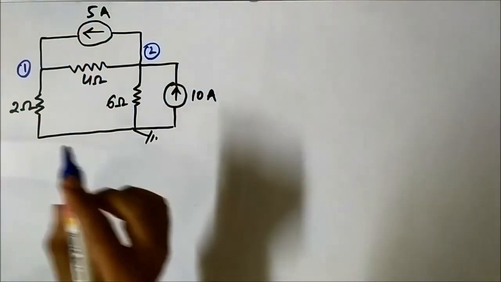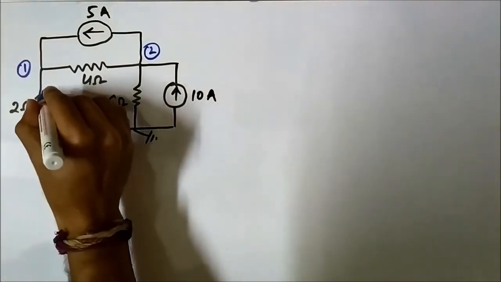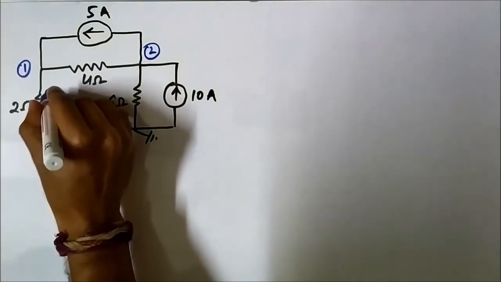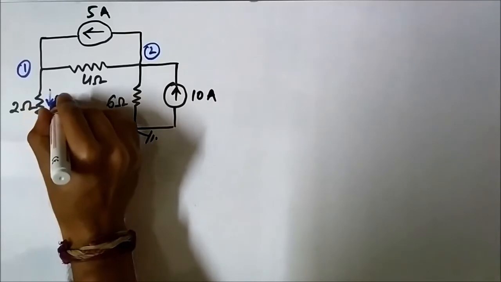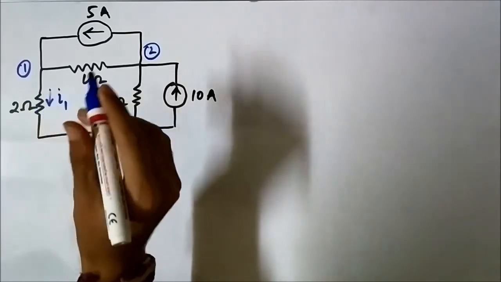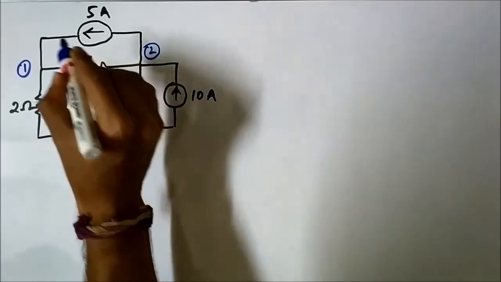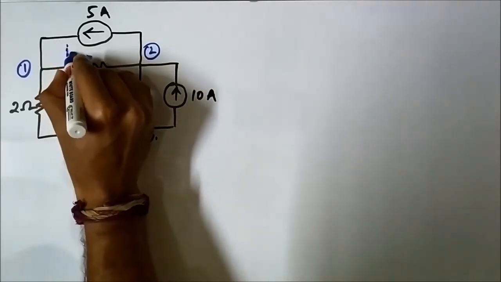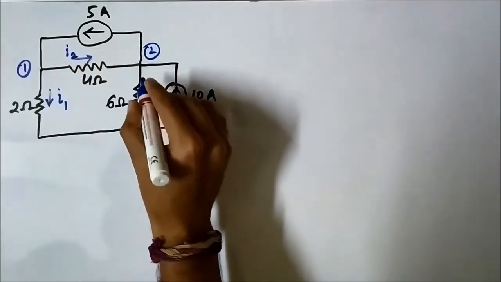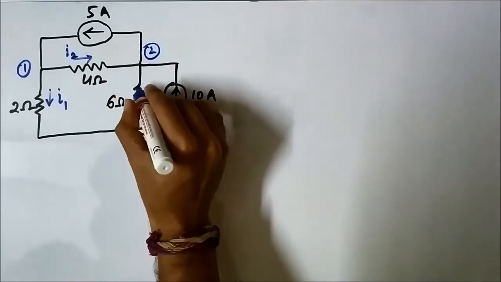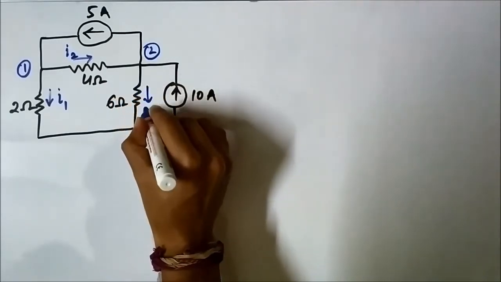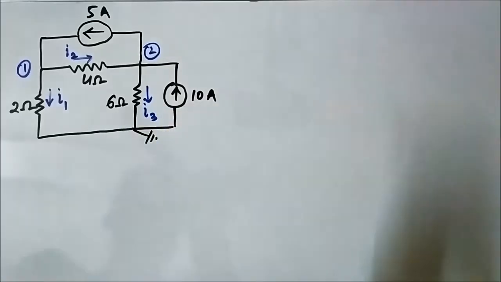So let us assign that the current flowing through this 2 ohm resistor be I1, current flowing through this 4 ohm resistor is I2, and the current flowing through the 6 ohm resistor is I3.